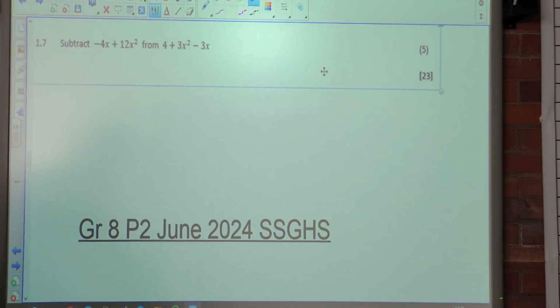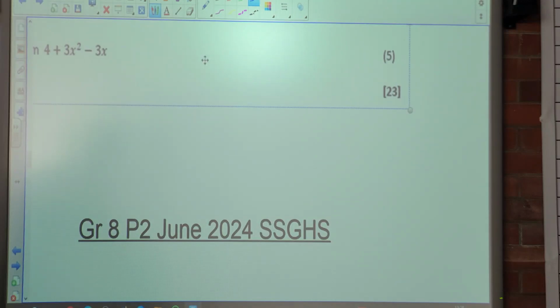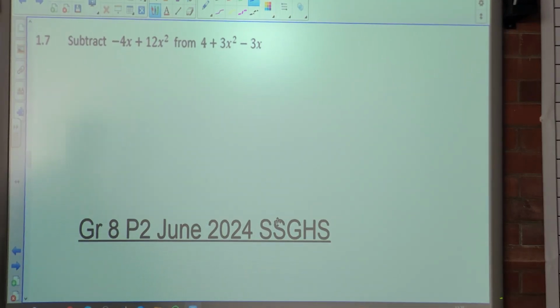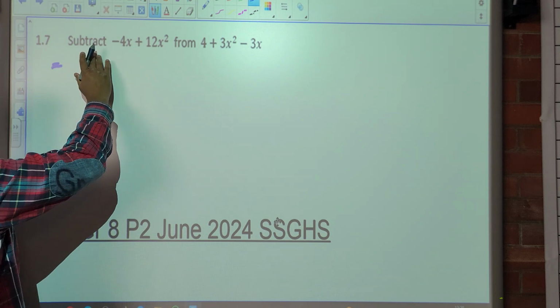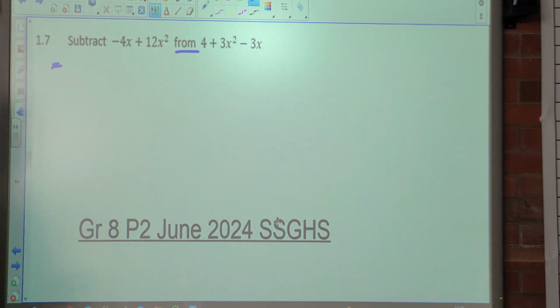1.7, we are told to subtract negative 4x plus 12x squared from 4 plus 3x squared minus 3x. So we must write first whatever we are subtracting from.